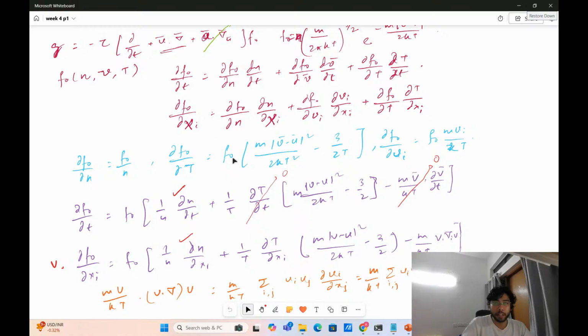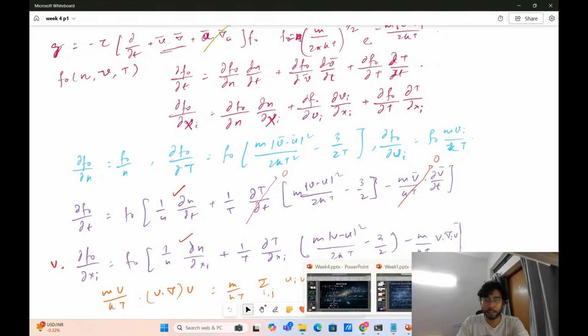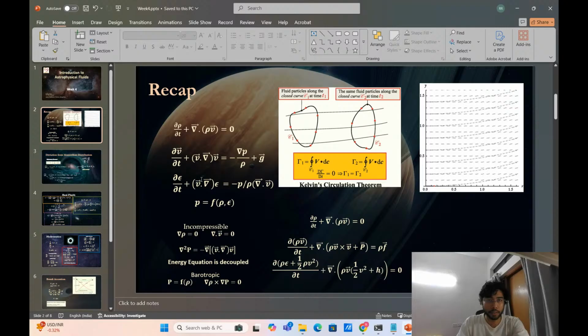But you can actually show that if you also consider the work done by the pressure force, you will get another factor over here. If you include it, here if you see the del T, this will have some work from the pressure also. For example, let me show this equation.